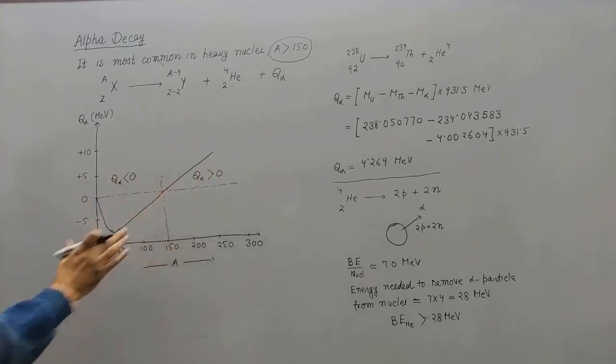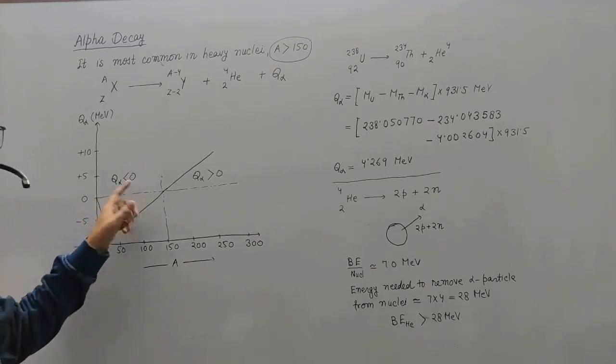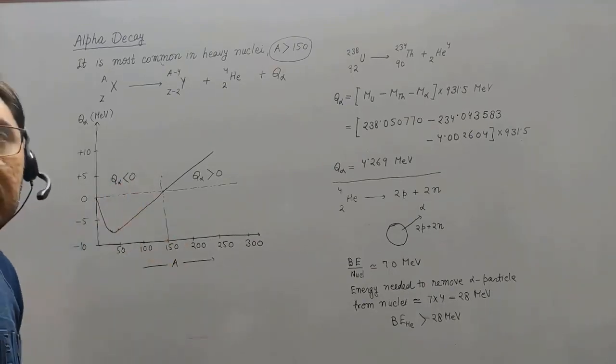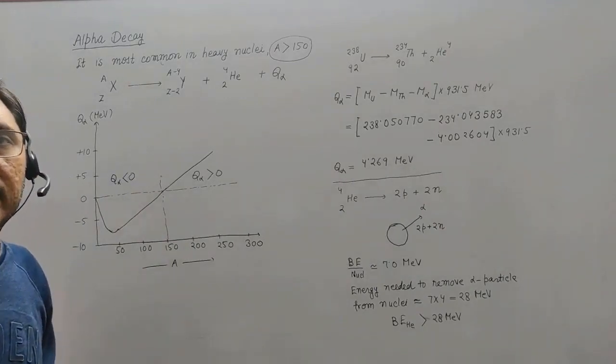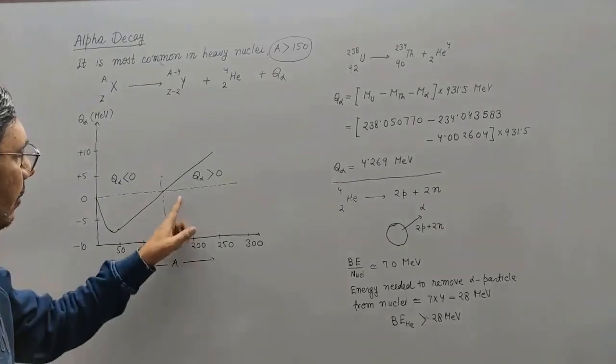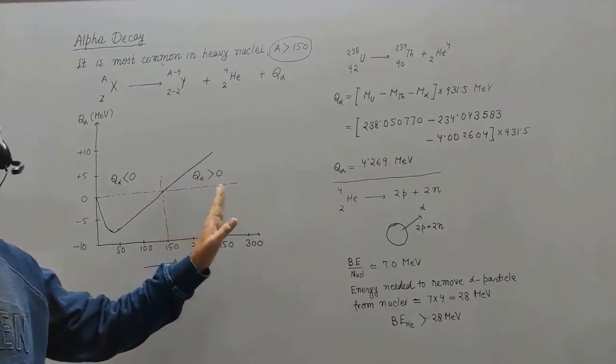So in this region, if you want a particular nuclei having A number less than 150 to emit an alpha particle, then we have to provide some external energy to the nuclei because this Q alpha is negative. But on this side, for A greater than 150, this Q alpha is positive.